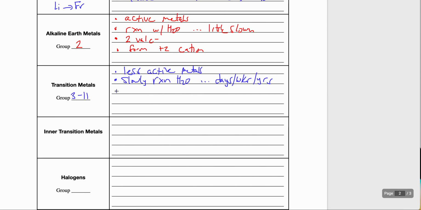They tend to have 1 to 2 valence electrons, and they form many different cations. So they form multiple cations. Transition metals, they tend to be our best conductors.